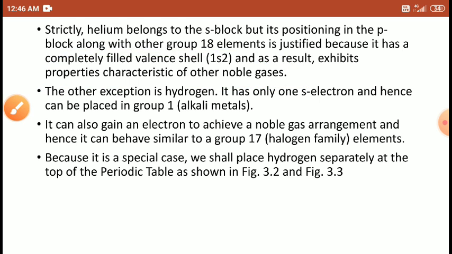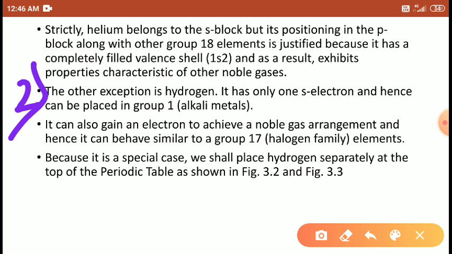Students, the second exceptional case is hydrogen. It has one electron in the 1s orbital, so it can be placed in group 1.